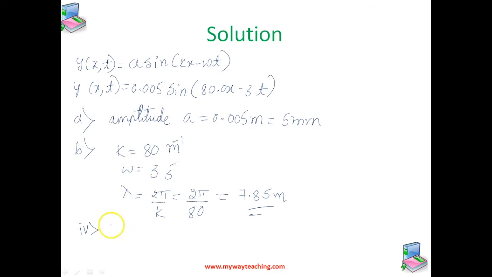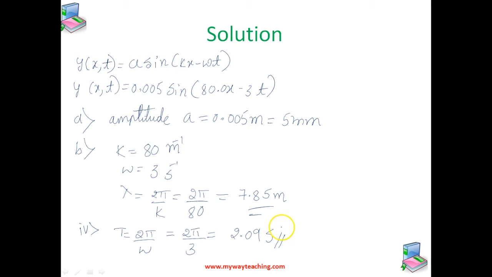And last part of the question, we should calculate period and frequency. So we also know the equation for period, that is given by 2 pi by w, and we know the value of angular frequency, which is w is equal to 3. So 2 pi by 3 gives 2.09 second.